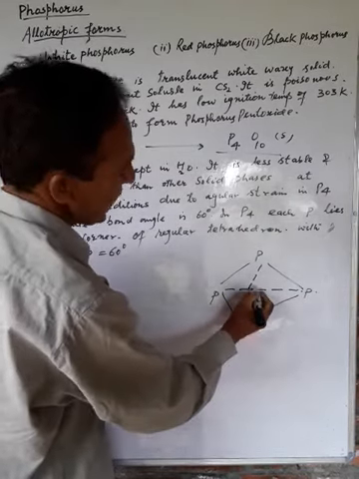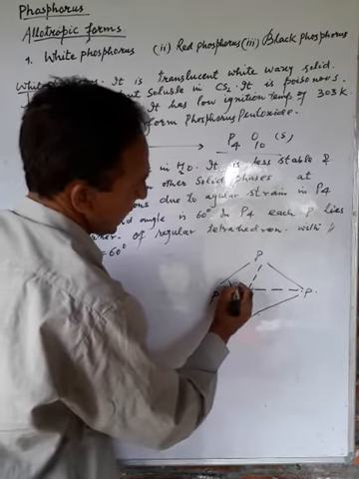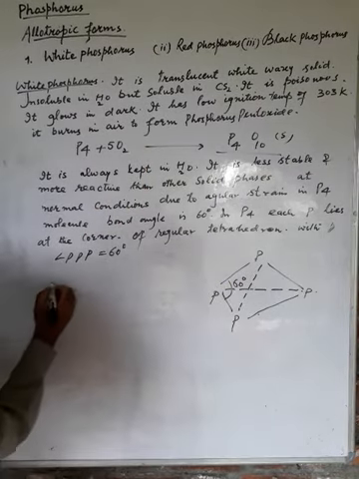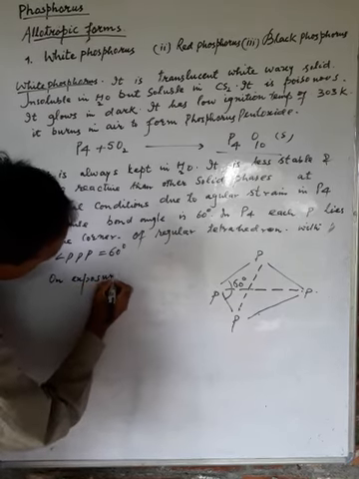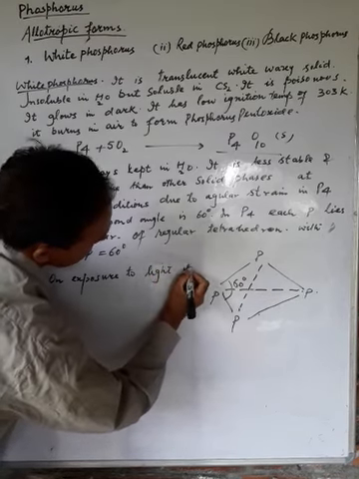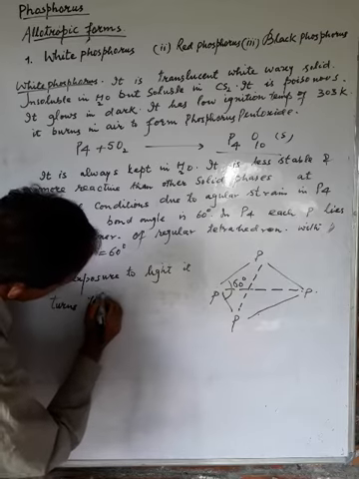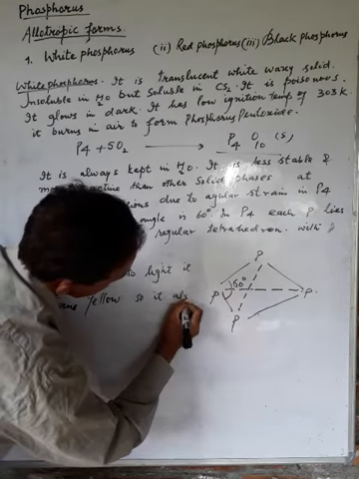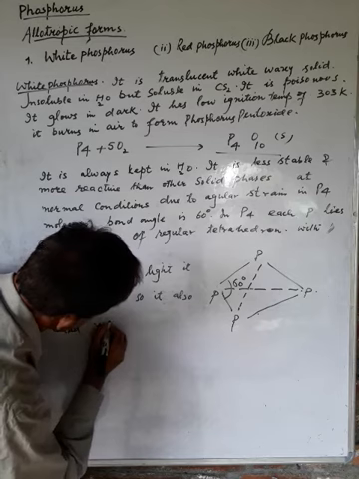The phosphorus atoms lie at the corners of the regular tetrahedron and the PPP angle is equal to 60 degrees. On exposure to light, it turns yellow. So it is also called yellow phosphorus.